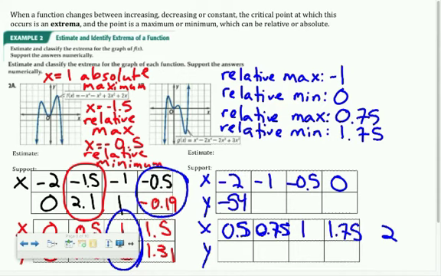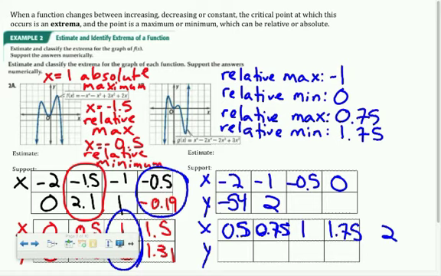Plugging in -1. -1 to the 5th power minus 2 times -1 to the 4th power minus 2 times -1 to the 3rd power plus 3 times -1 squared. And that's 2. Plugging in -0.5 next.